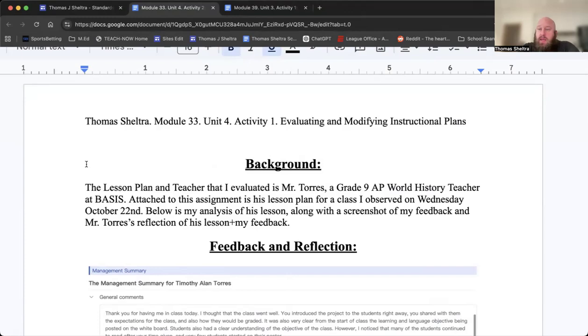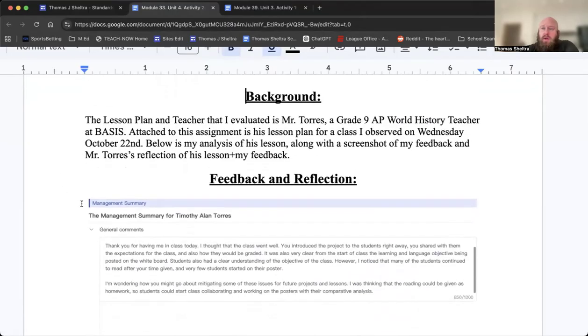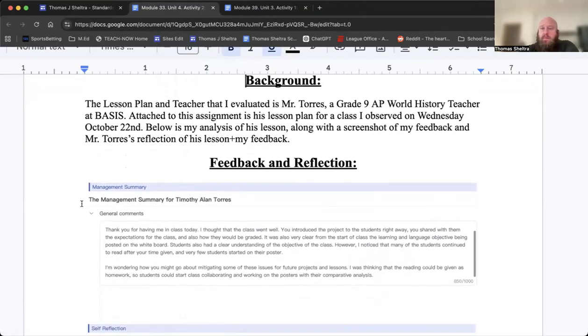And then the other thing is, when you go into a lesson to observe, you're only getting a snapshot of that teacher and of that class on that day. So while these observations serve as a good box to check off of what you're seeing that day, it is good to have that coaching conversation with the teacher because then you can fill in the gaps.